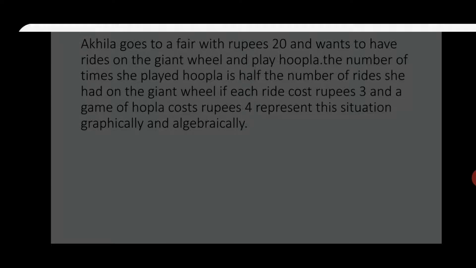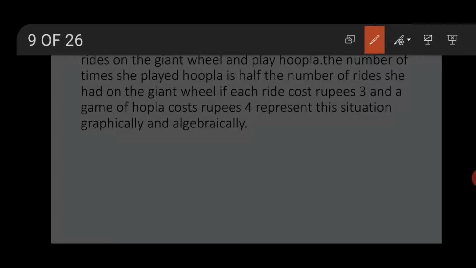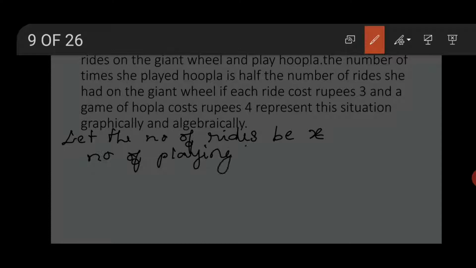Now, how can we represent this graphically? Let the number of rides on the giant wheel be x, and let the number of times playing hoopla be y.